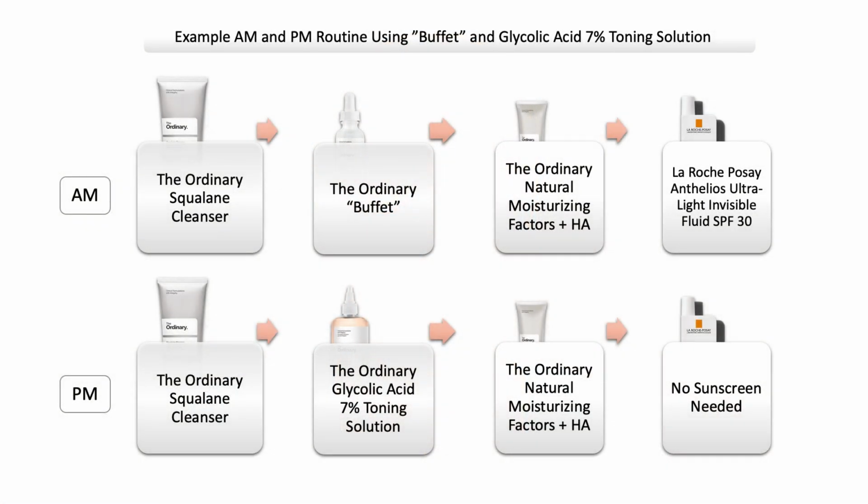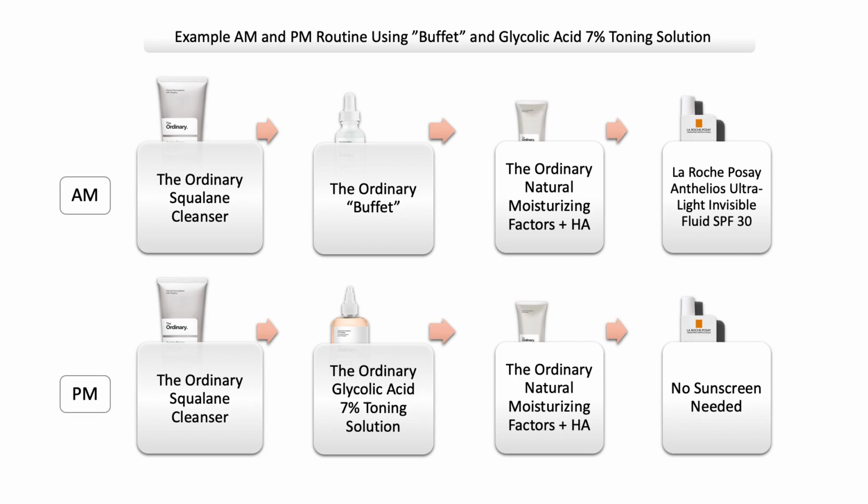So if you have, for example, one of the peptides at home, using the example of Buffet, if you have Buffet at home as well as your glycolic acid toning solution, please make sure to use them in separate routines. This can be in the morning and evening or alternate evenings, depending on your preference and what else you use. So here you have an example of how you can avoid using them in the same routine but still get the most out of it.